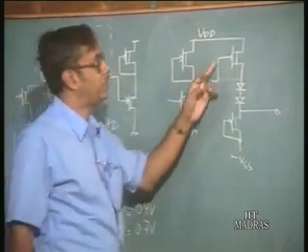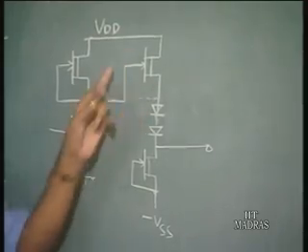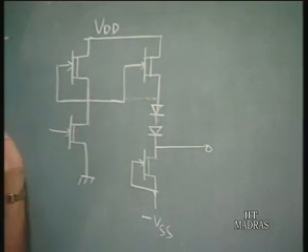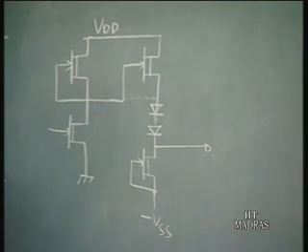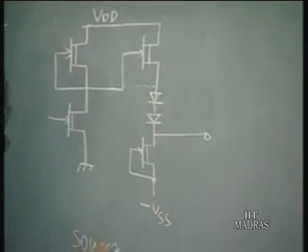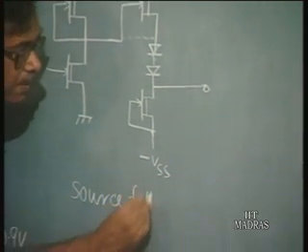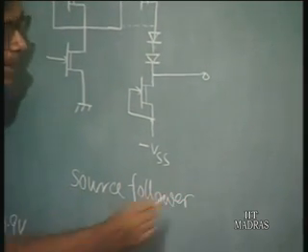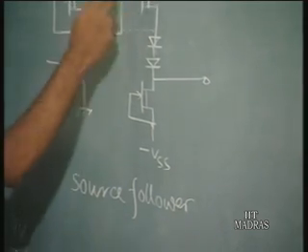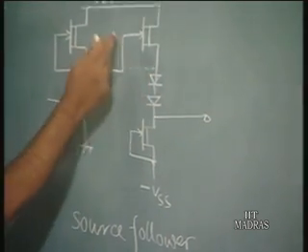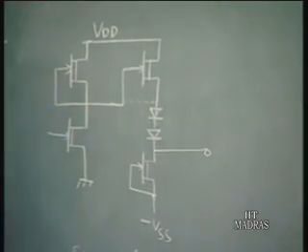Basically what we have done is we have introduced another transistor here. Now this transistor is called a source follower transistor, just like you have the emitter follower in a bipolar transistor, and it can be designed such that the gate to source voltage of this transistor is always 0 volts. How do you do that?